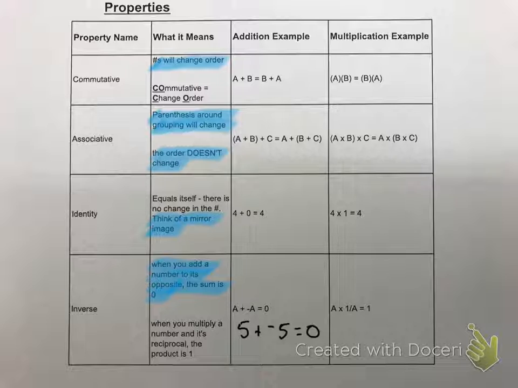For multiplication, when you multiply a number and its reciprocal, well, the reciprocal is when you flip the fraction, okay, the product is 1. So let's put some numbers in there so you can have a better example. So if we had 3 times 1 over 3, well, the answer to that is 1. So we would have to figure out which property the expressions matched up with.